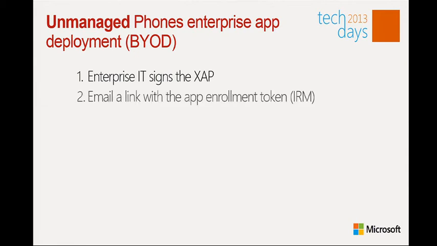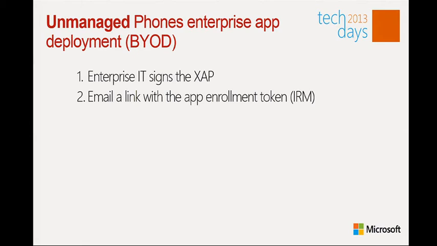Then, the second step, they're going to send a specific mail with what we call the app enrollment tokens. The tokens allow the phone to be opened for this enterprise application to be installed. It's not the installation, it's just a certificate to say, okay, we support this specific signature as well.